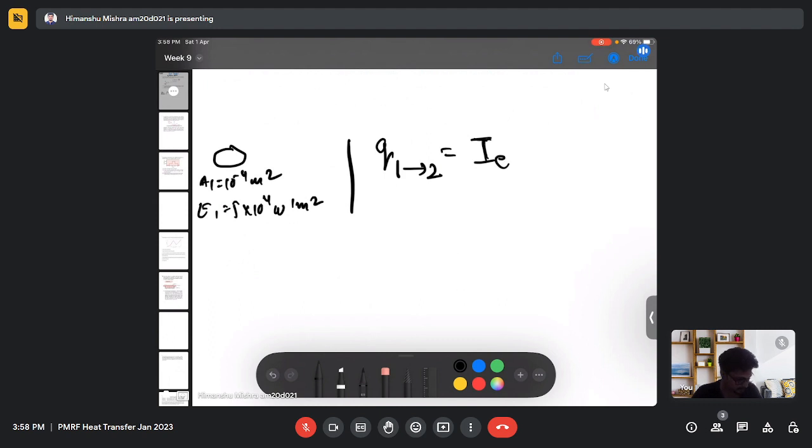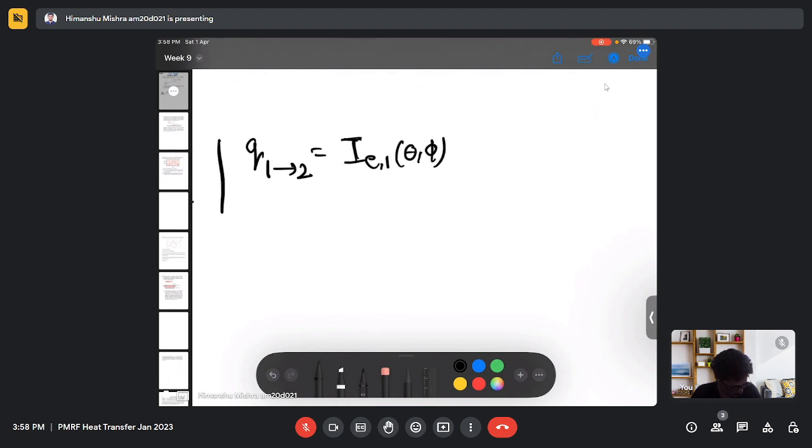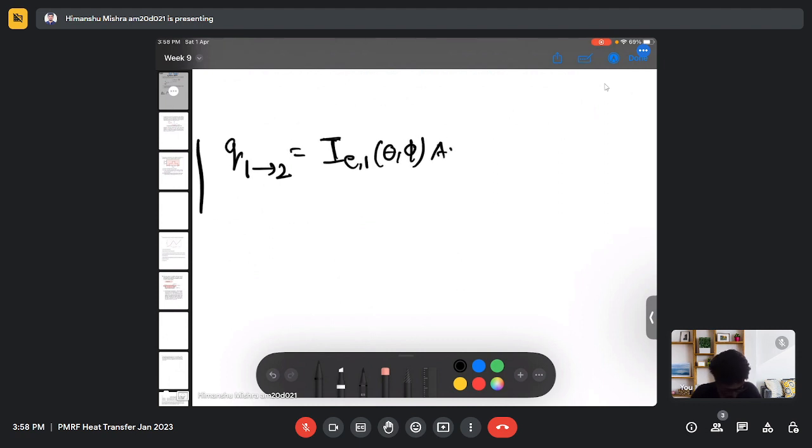which is my total spectral hemispherical emissivity or the intensity due to surface 1 multiplied by area, and this is my solid angle d omega.